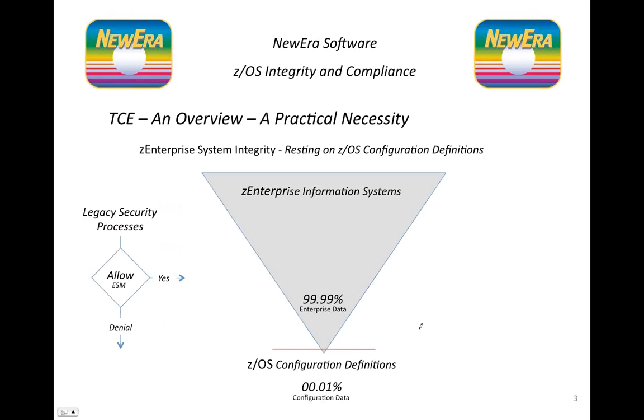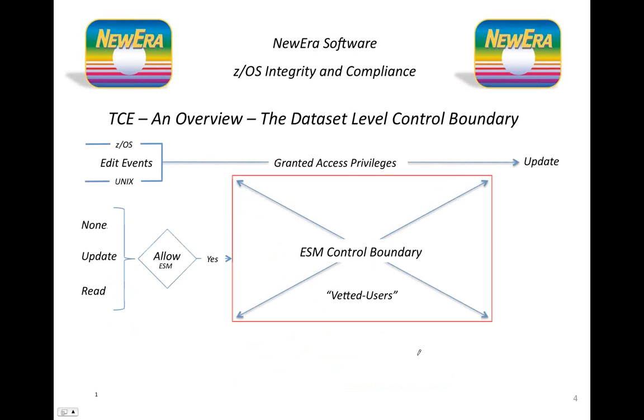Now, just to give you a brief overview of what we're going to talk about, essentially we're going to emphasize that legacy security, RACF, ACF2, and Top Secret are essential across the entire Z enterprise. But when it comes to ZOS configuration definitions, legacy security just isn't enough.